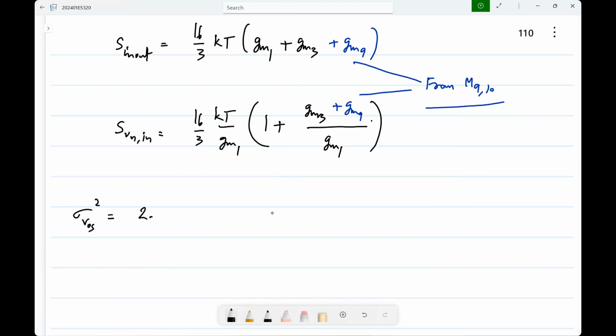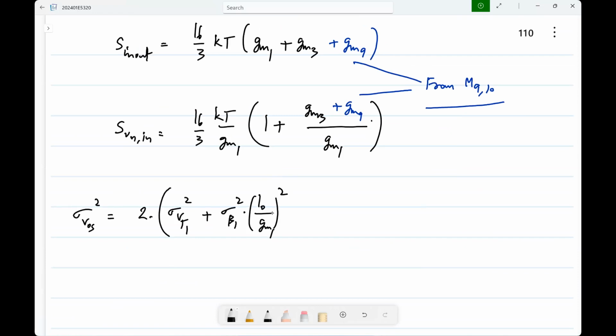Due to M1 and M2, you will see sigma VT1 square, plus sigma beta 1 square times I naught by GM1 square.